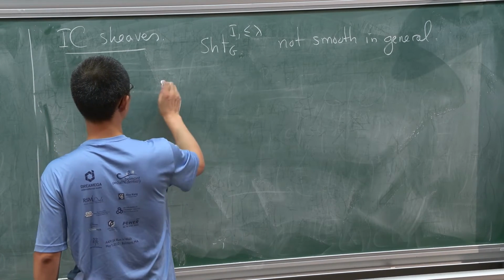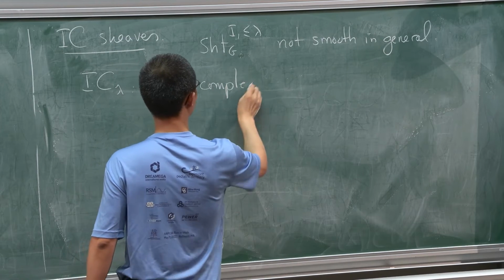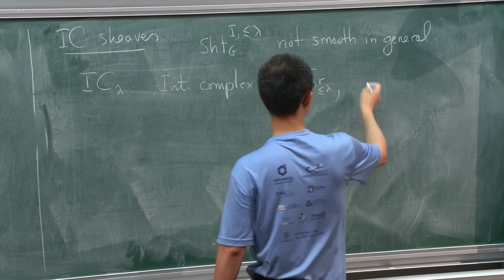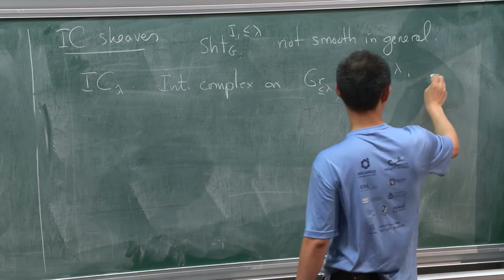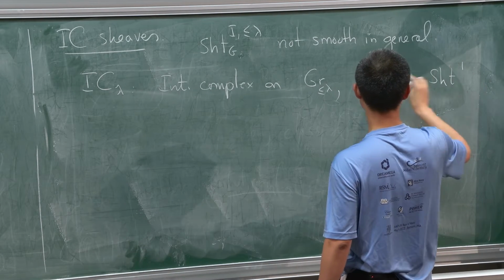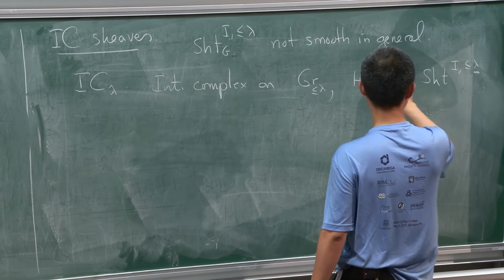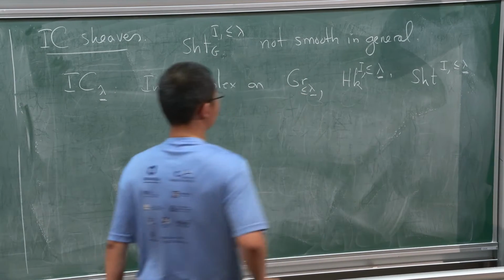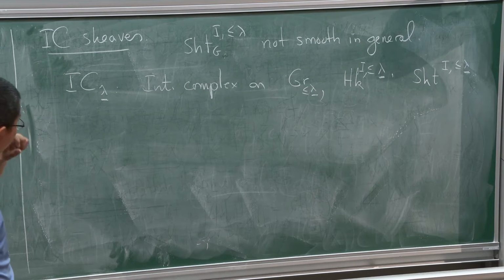Okay, so this can mean the intersection complex on either Gr less than or equal to lambda, or the Hecke version, or Shtuka. Well, Hecke I. In these cases there's a tuple, so I can also put a tuple.